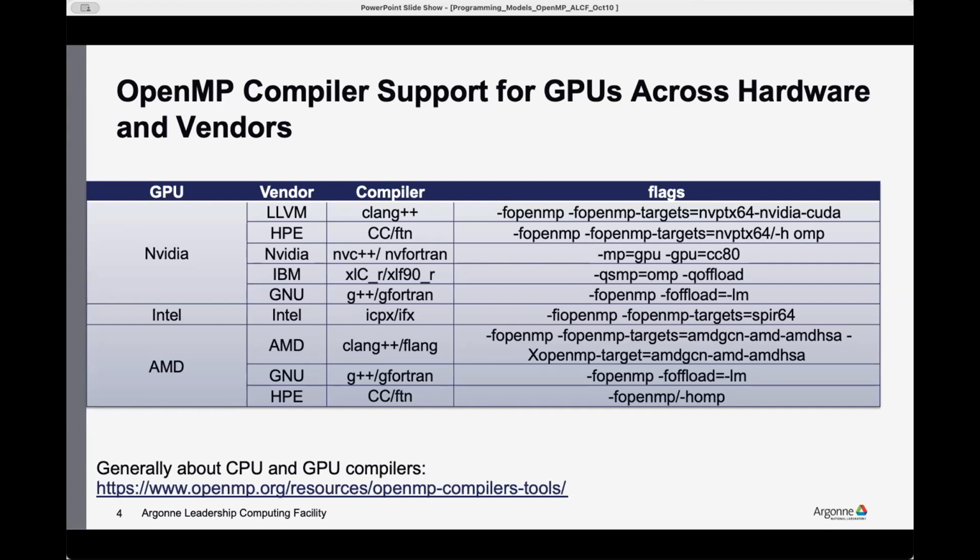Intel at the moment only has Intel, but maybe that will change in the future. There are a couple of different vendors that support AMD GPUs as well, but overall, if you want to use OpenMP offload, you can do this on all the different GPUs that are common in the HPC space.